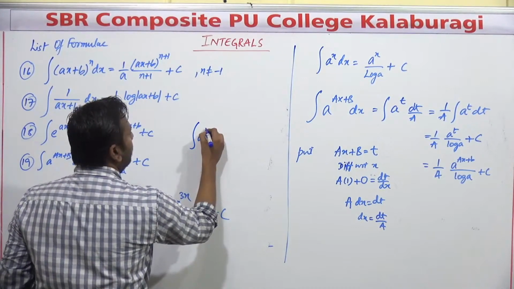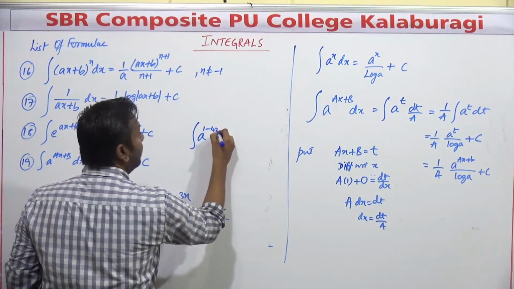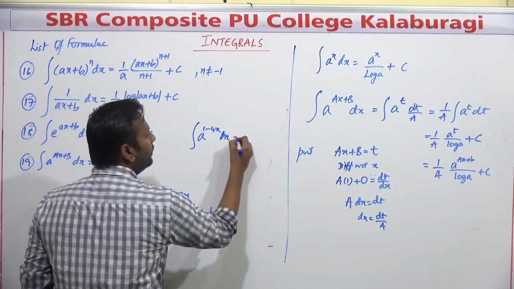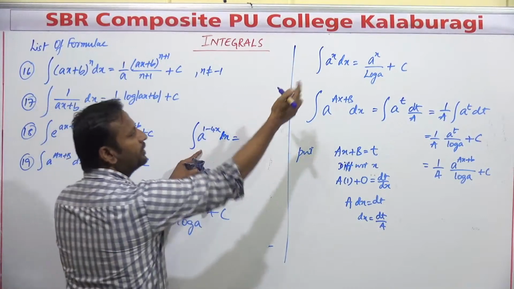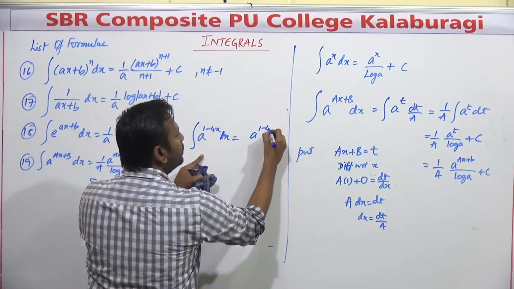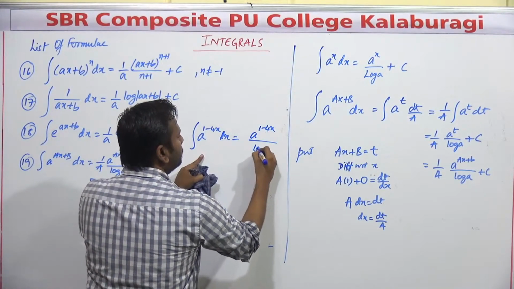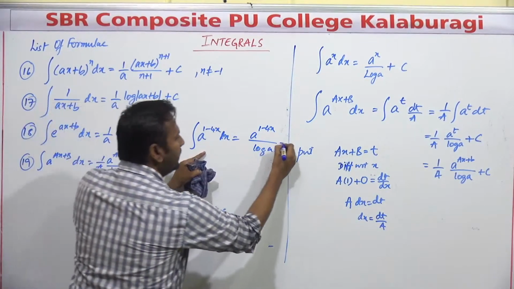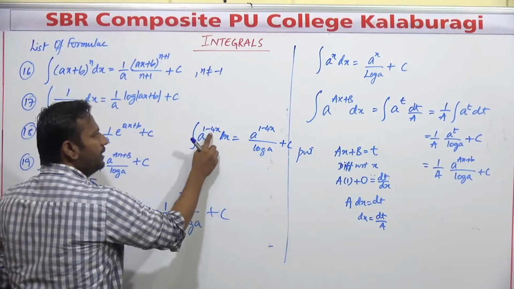So what will this one be? a raised to 1 minus 4x. Just see carefully here. What do we have to do now, students? What is a raised to x integration? a raised to x, and instead of x, what we have is 1 minus 4x, plus c. Now, it is a little bit complicated.